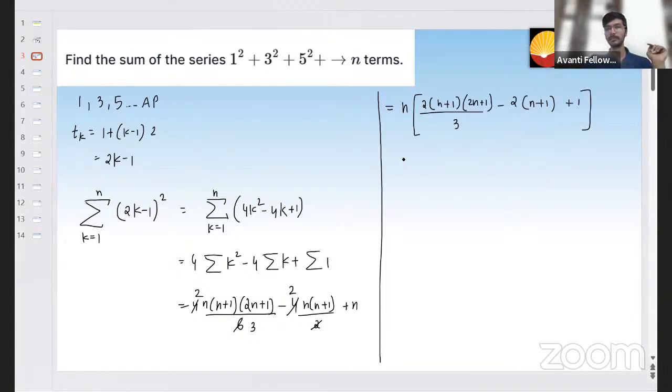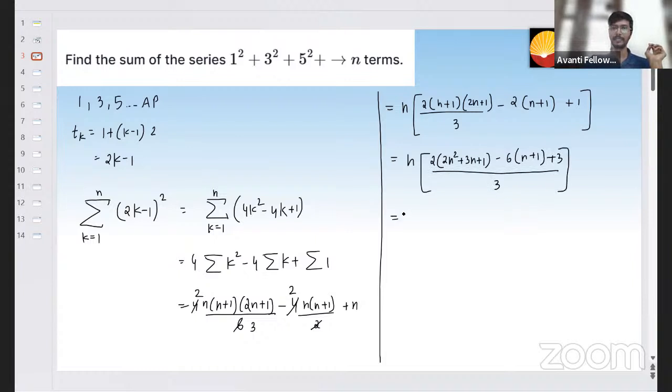We took n common. Yes. So let's multiply here. I'll take the LCM first, so I'll get 2n square plus n plus 2n, so plus 3n plus 1, minus 6 into (n plus 1) plus 3, the whole upon 3.